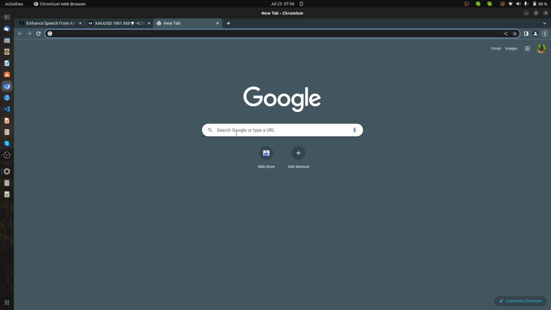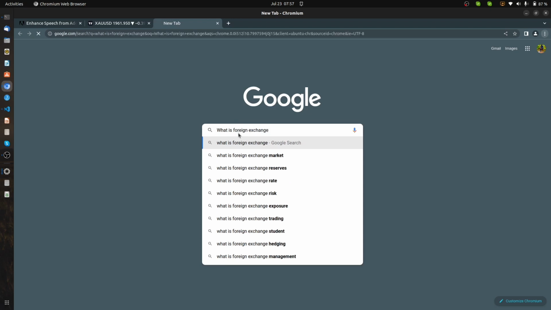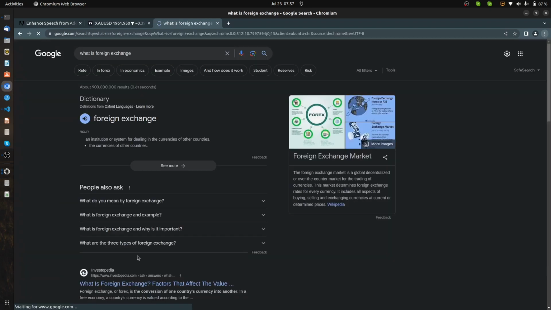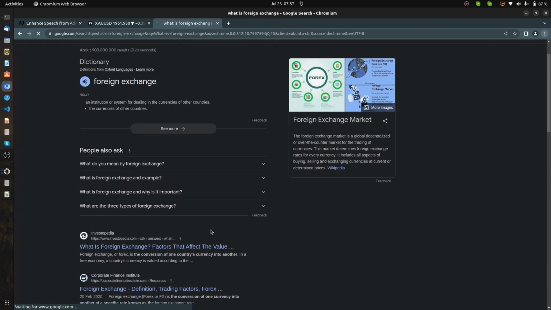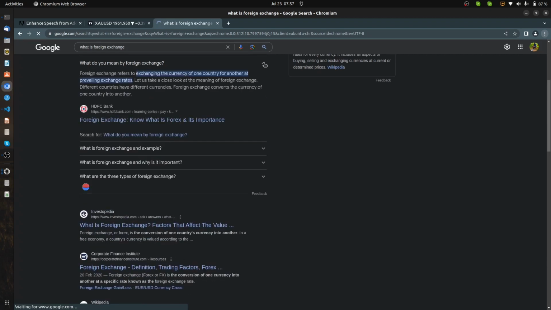So in forex we have different types of traders, but before that, let's first look at what foreign exchange is. Let's see the definition that Google has for us.